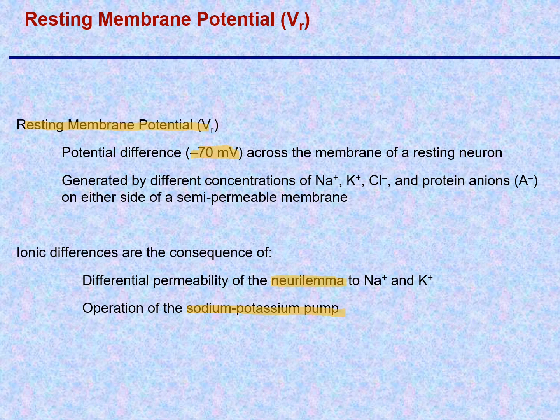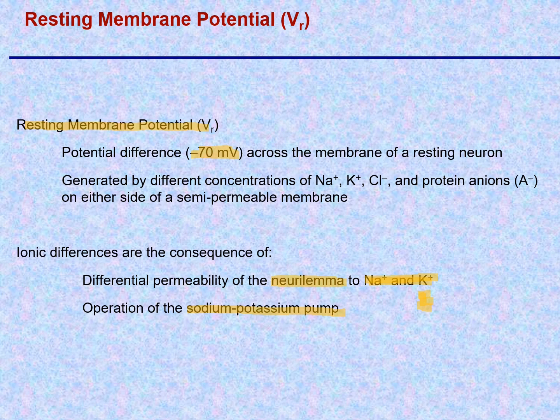So there's also a different background normal permeability of the membrane to sodium and potassium. The membrane always has some leakage channels for potassium. So potassium can leak, but sodium cannot get in or out unless one of the gated channels gets opened.